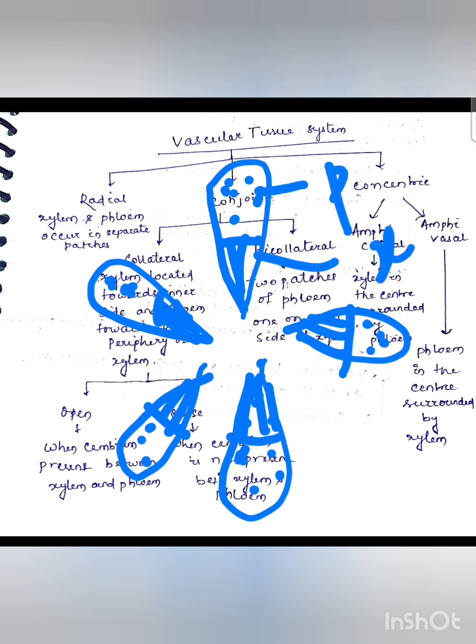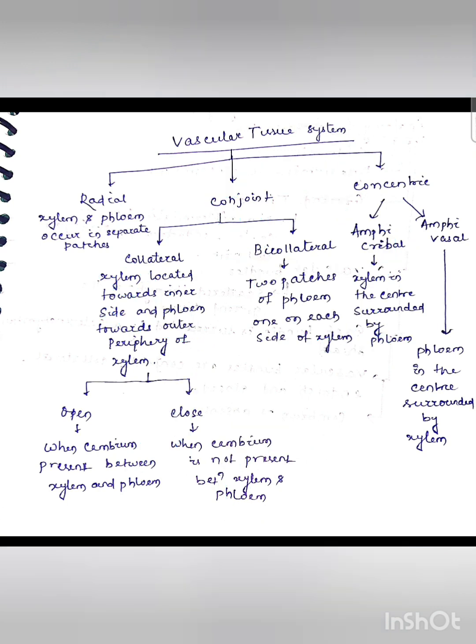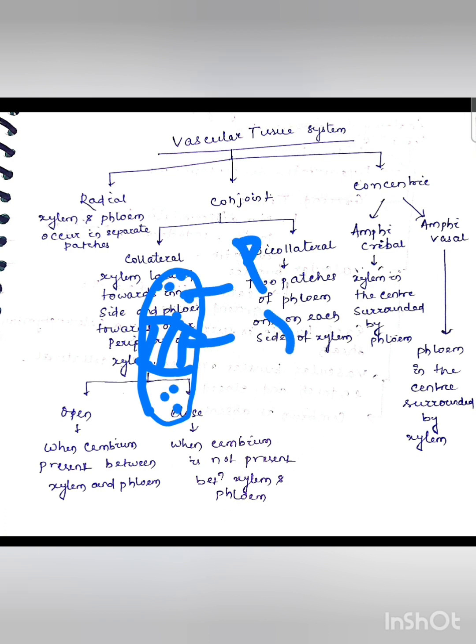And bicollateral type of arrangement, where two patches of phloem are present on each side of the xylem. Suppose it is the xylem, it is phloem and it is phloem. One xylem bundle is present in between two phloem bundles in case of bicollateral.